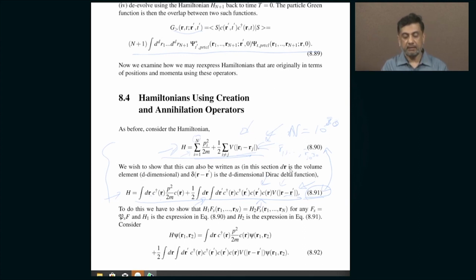But from a formal standpoint, for calculational purposes, 8.91 is likely to be far more convenient in practical calculations than 8.90, because of the sheer number of vectors you have to handle here, since they are all mutually interacting by implication.